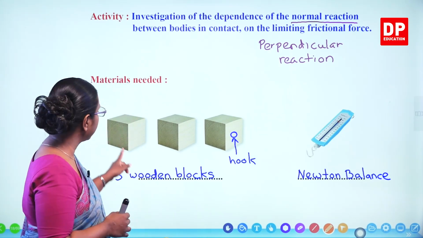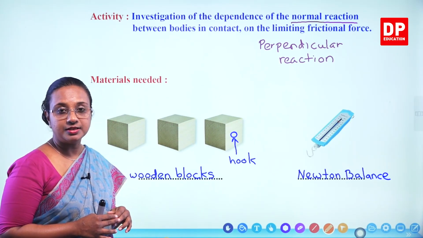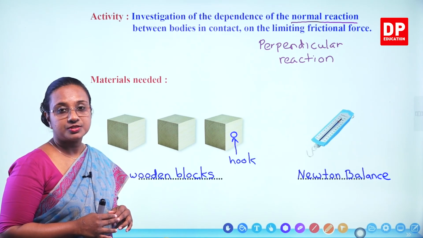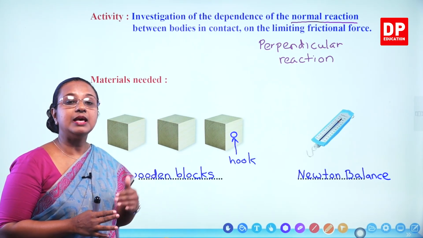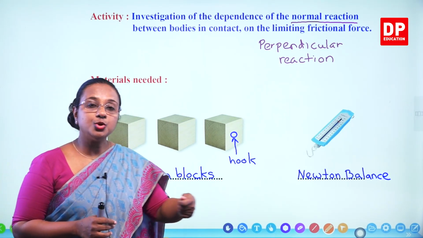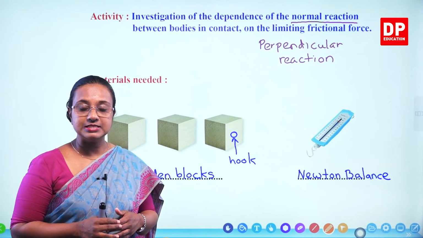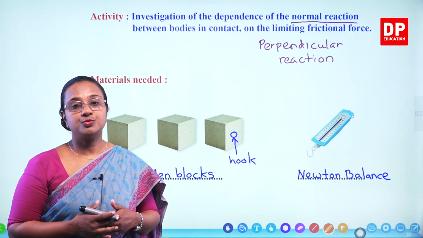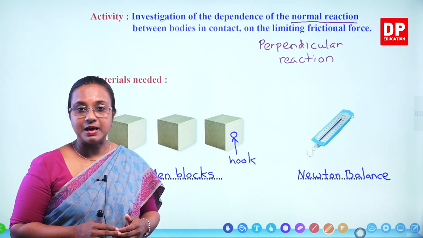In the third step, we place the third block also on the other 2 blocks. So we have all 3 blocks, one on top of the other. Then we try to pull the block that is at the bottom with the Newton balance, and as it starts to move, we get the reading of the Newton balance.